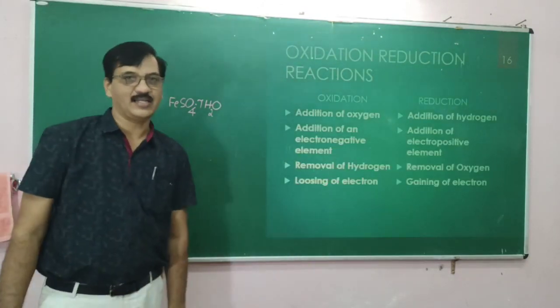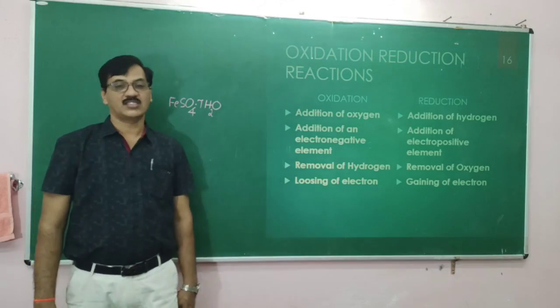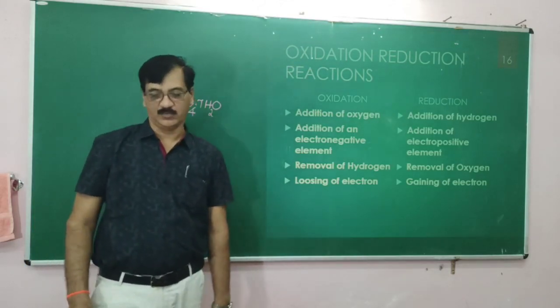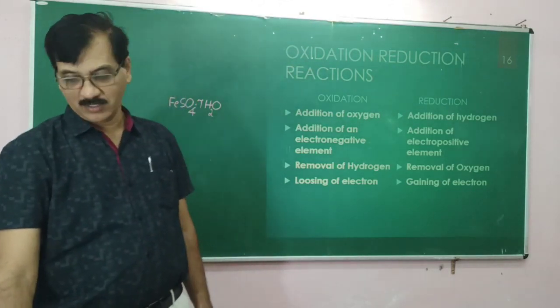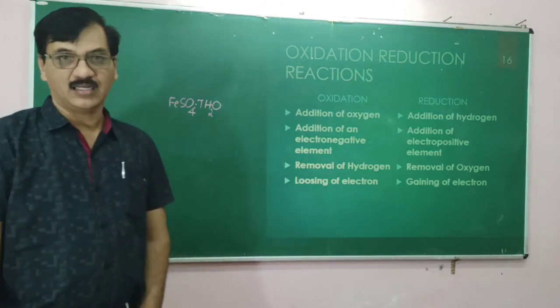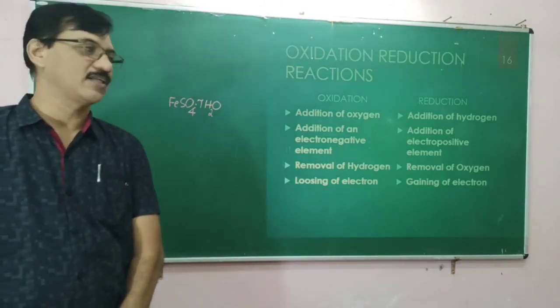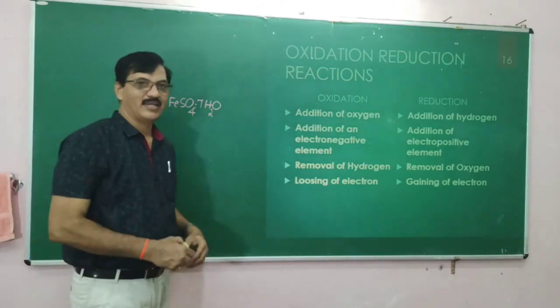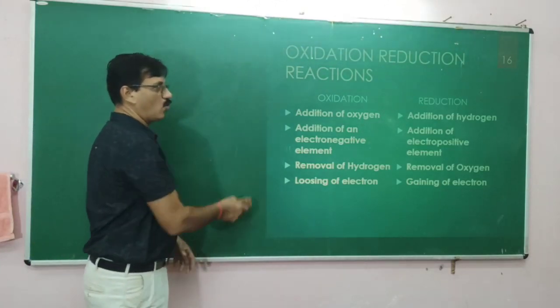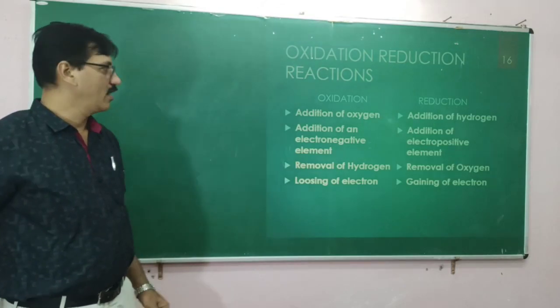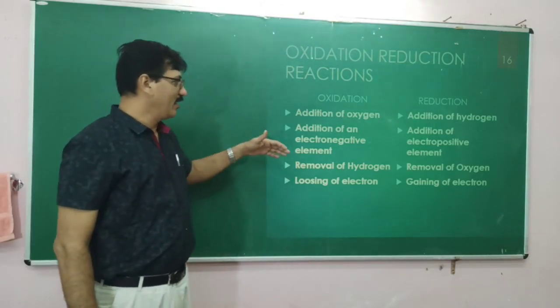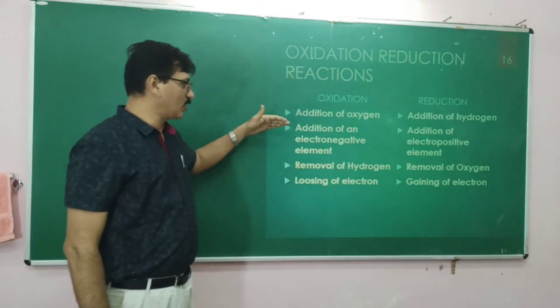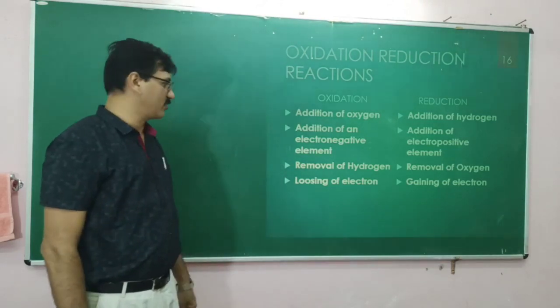Now, there is another reaction called oxidation reduction reaction. Here there are several definitions for oxidation. An oxidation is one in which addition of oxygen takes place. An oxidation is one in which addition of an electronegative element takes place.